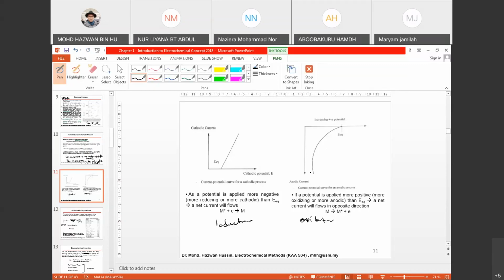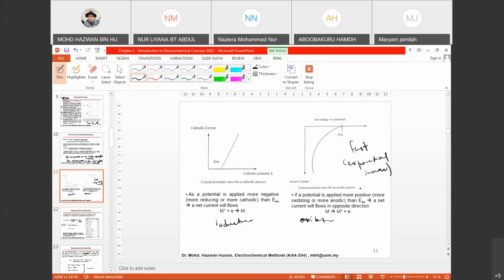If you notice over here, if it is a fast process, it means an active electrode, it becomes oxidation, and the response will be more positive. The type of response you get from the current to potential behavior is an exponential increase.